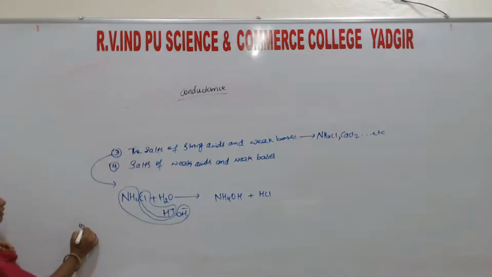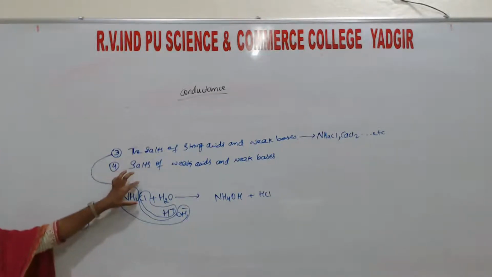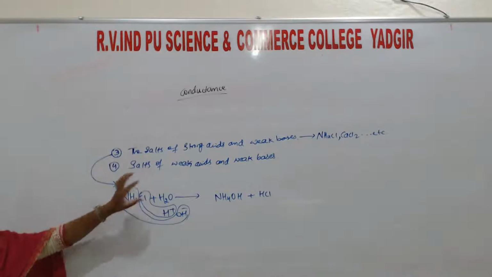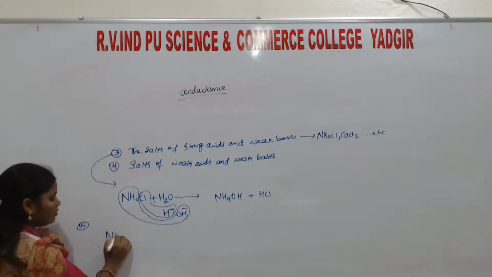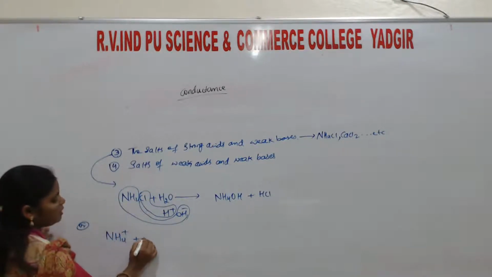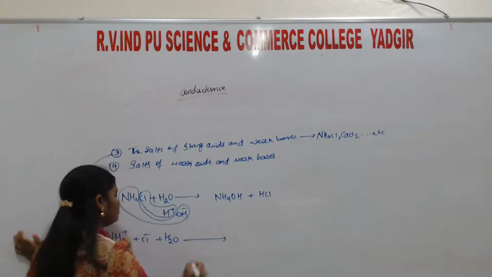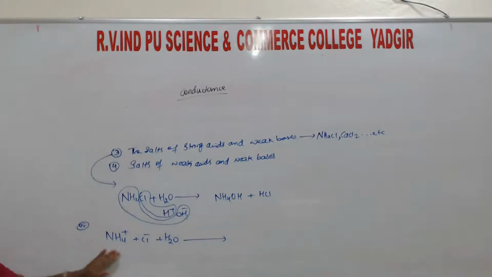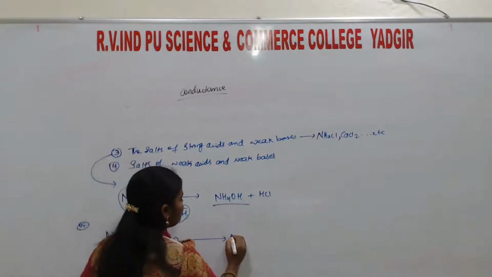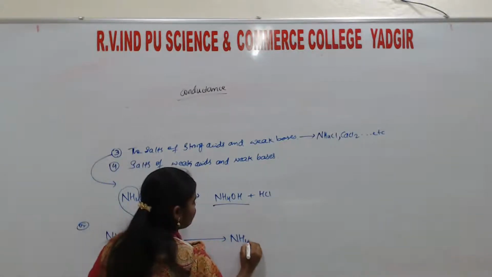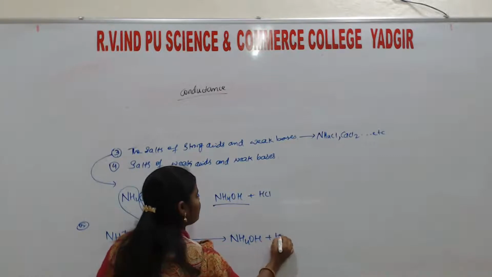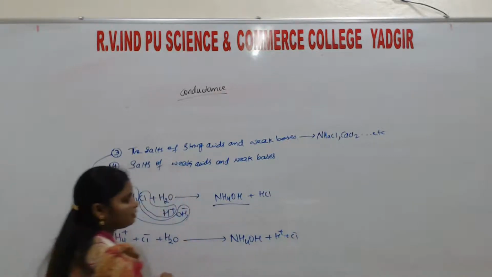Or you can write the ammonium chloride as NH4 plus Cl minus plus H2O to form NH4OH plus H plus Cl minus.